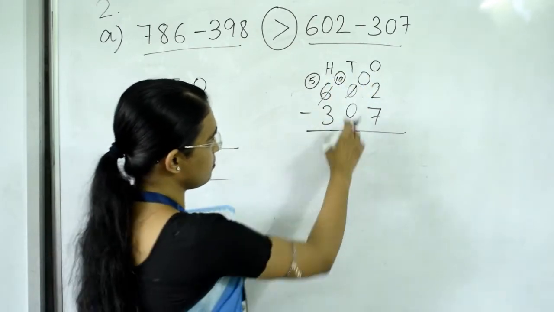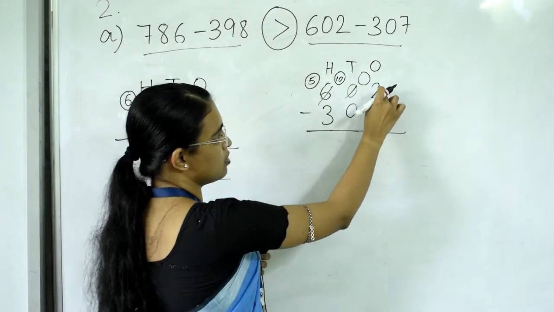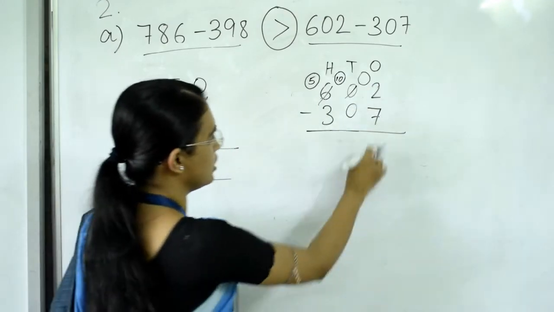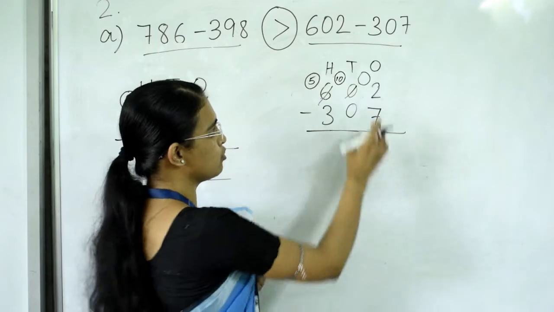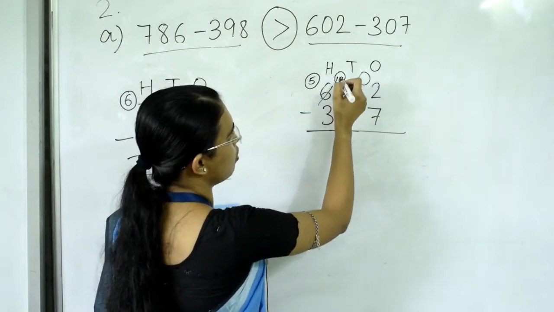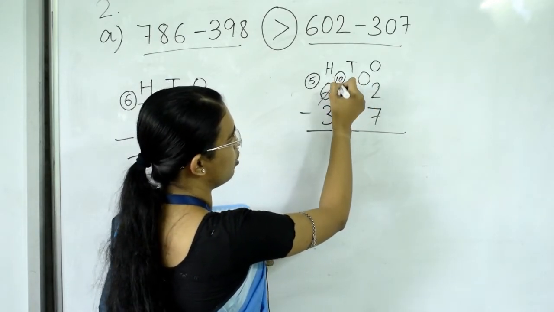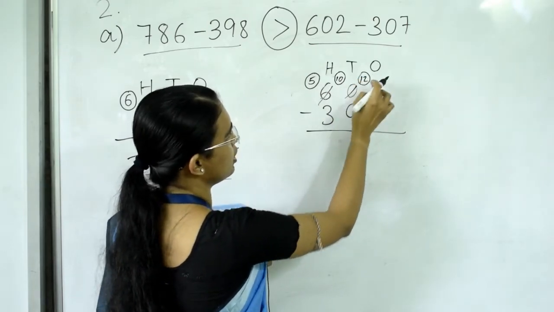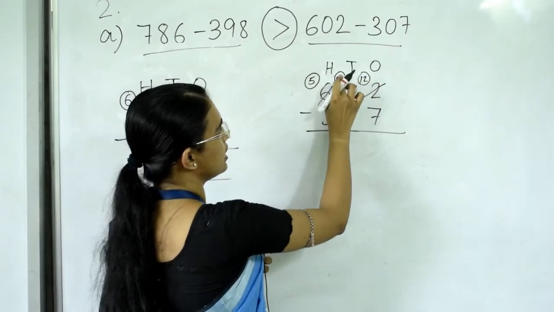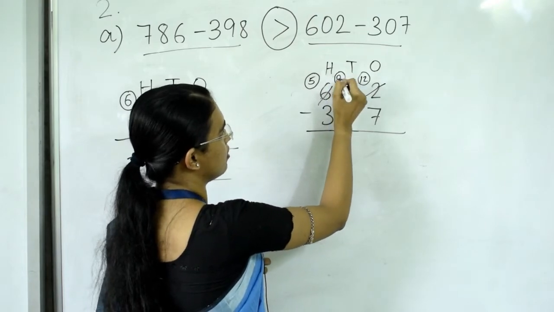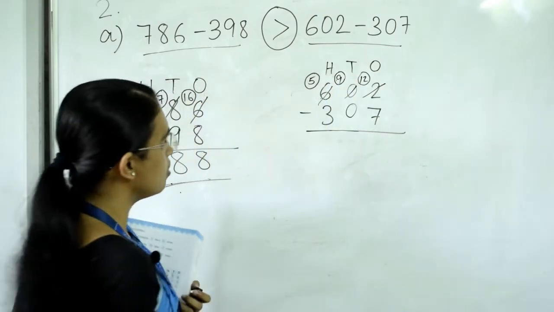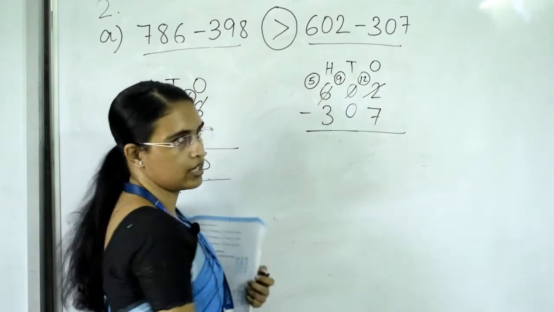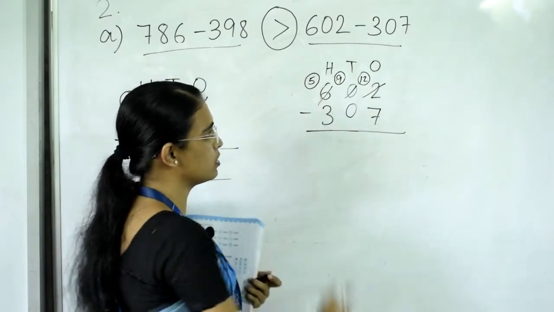Now in this place we have 2, and here we have 7. Again we have to take a carry, so we take 1 from here to make it 12, right? When you take 1 from here, 10 becomes 9. Okay, so now we will subtract. In this way you have to solve this type of sums.